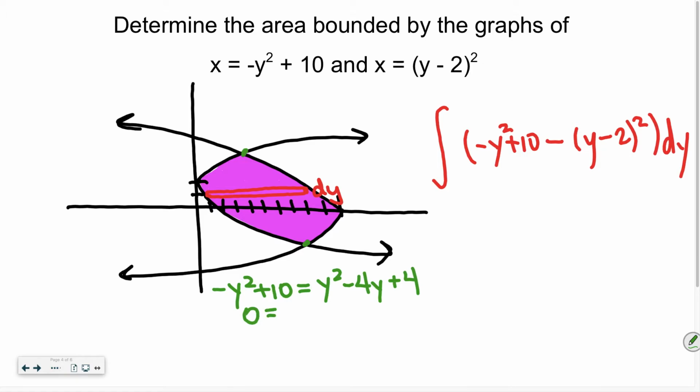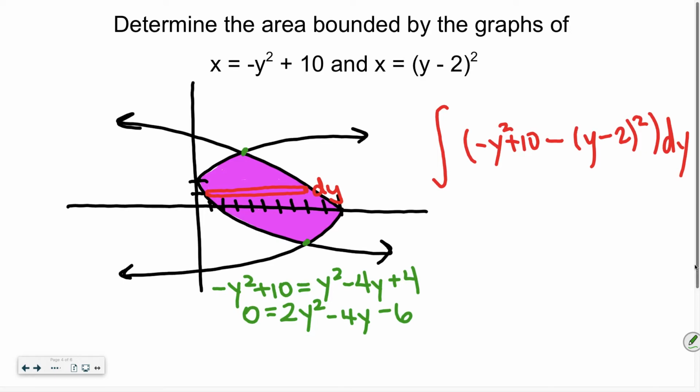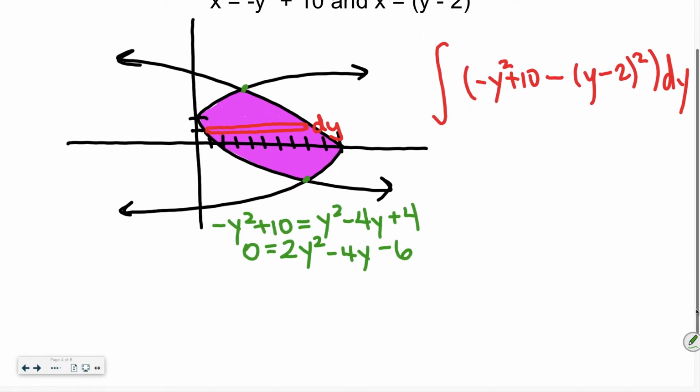So if I move everything over to the right side, we would have 2y squared minus 4y minus 6. So y squared minus 2y minus 3.